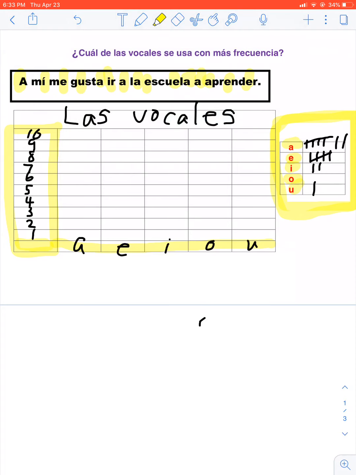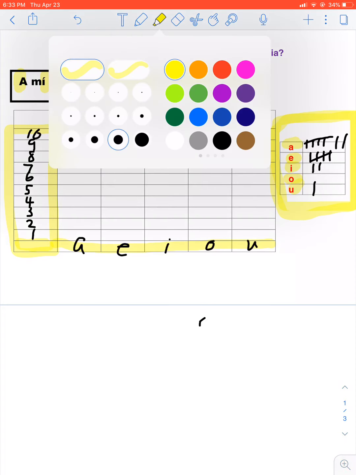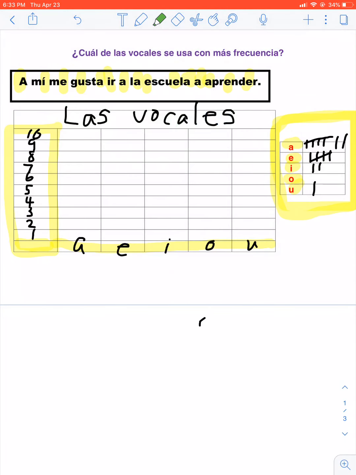Yep. Let's use, of course, my favorite color, green. So how many boxes are we going to color going up? 7. Right. And so you can see, using the numbers on the side, this won't be hard. 1, 2, 3, 4, 5, 6, 7.